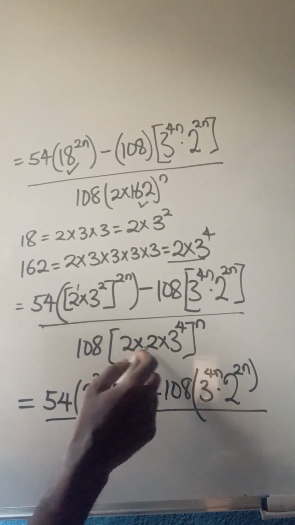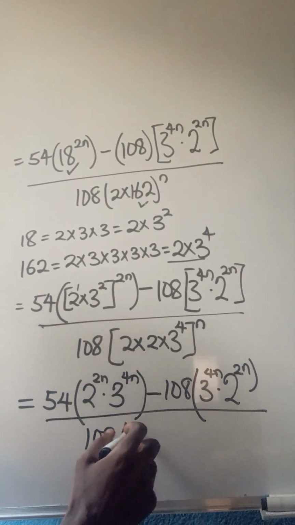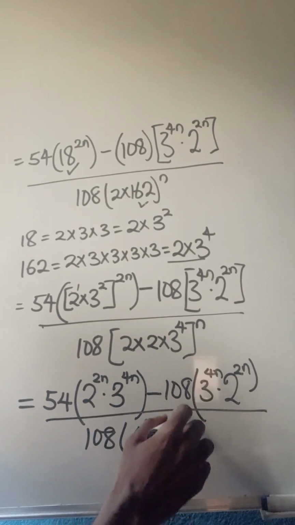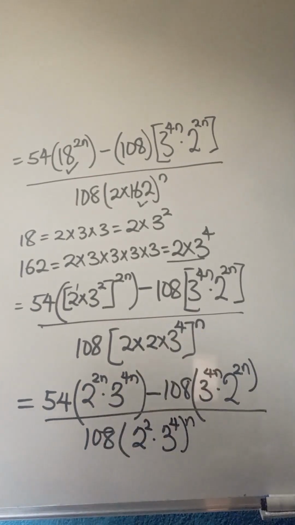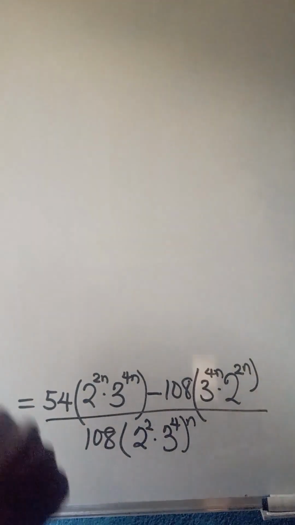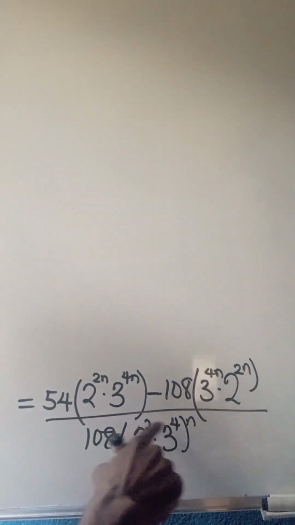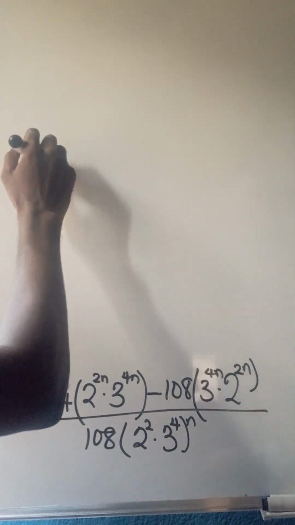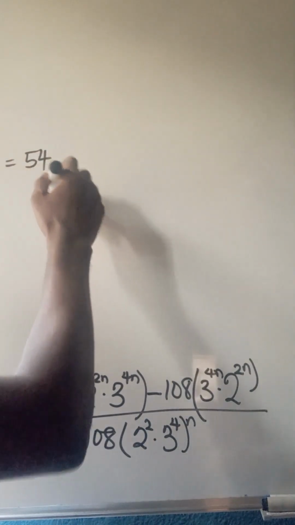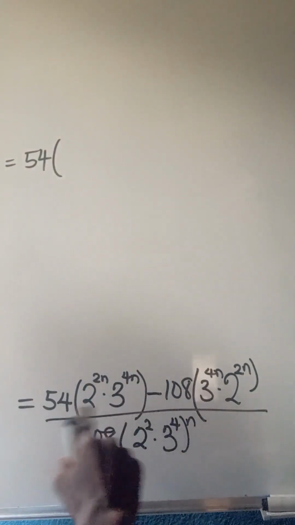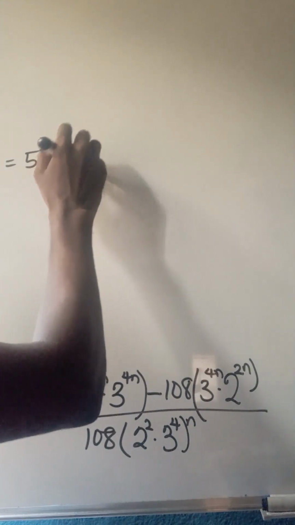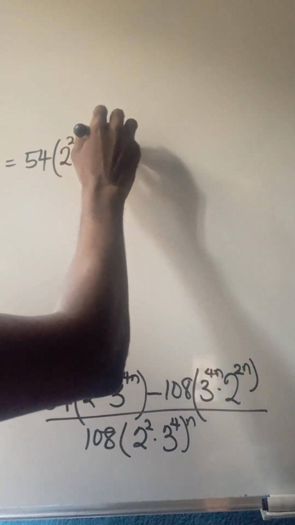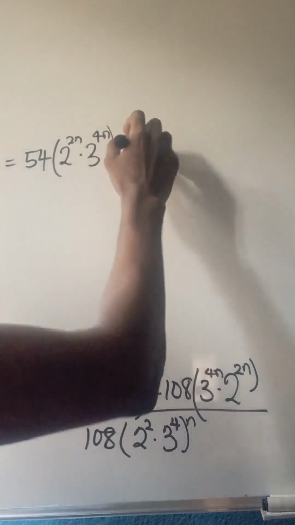Of course, this is 2 times 2, which is 2 squared, multiplied by 3 raised to power 4 and n outside. If I further simplify, this power can multiply these two. So I have 54 multiplied by, of course, let's make them similar, 2 raised to power 2n into 3 raised to power 4n.